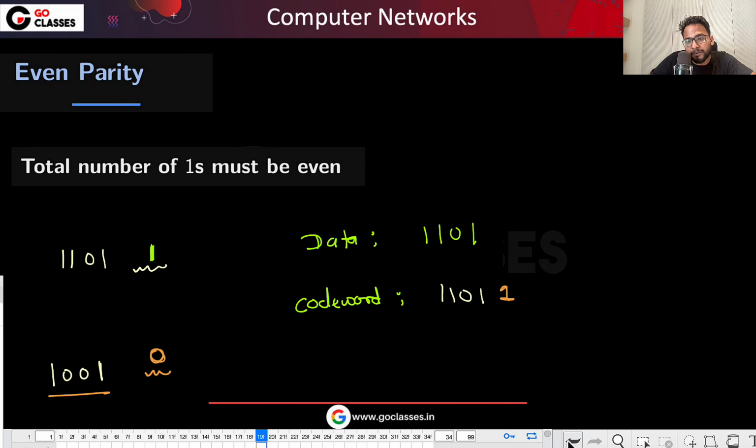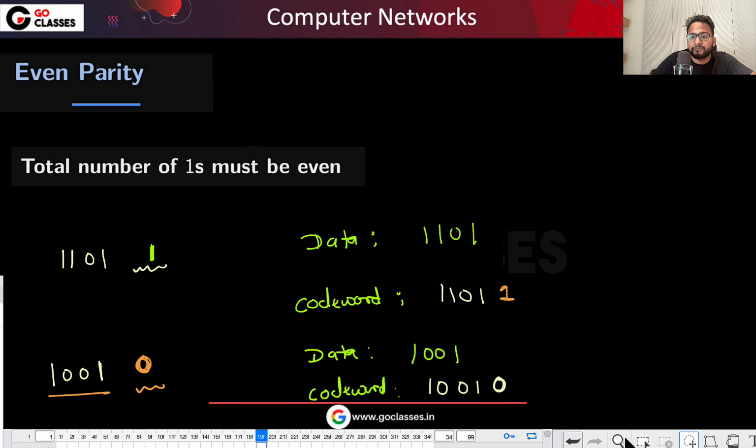You will add 0 here, so that the total number of ones is even. So the data is 1001, and the code word is 1001 and 0. I hope you understood.